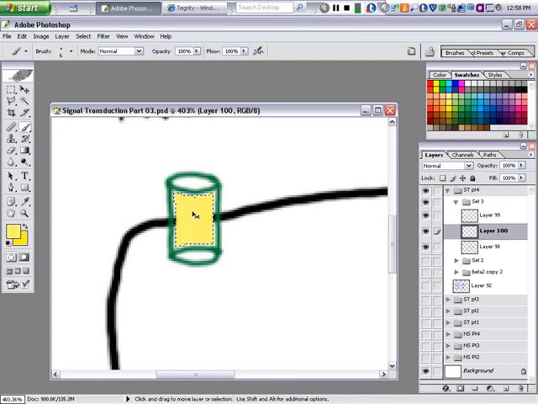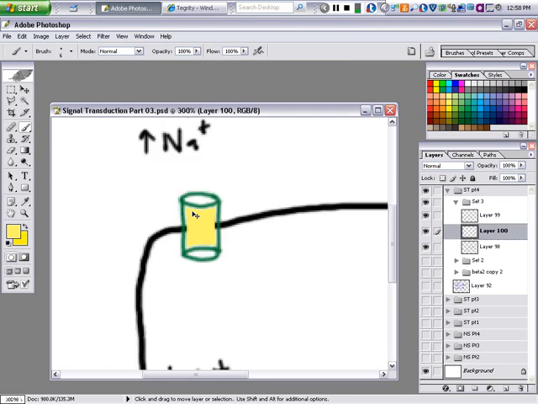And when that sodium channel opens up, the sodium is going to rush into this cell.